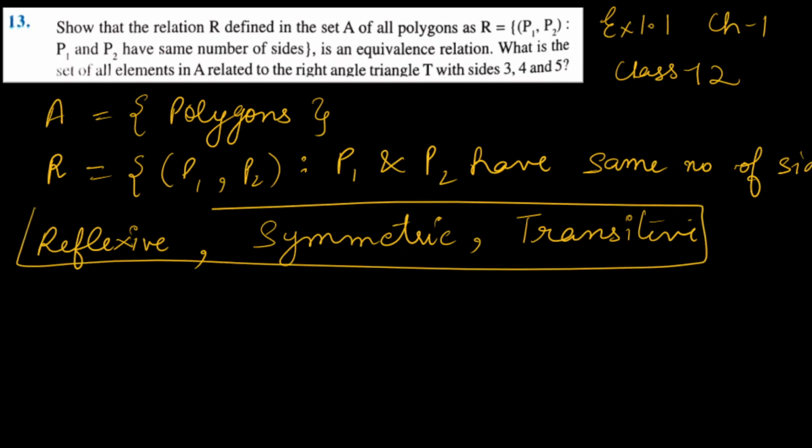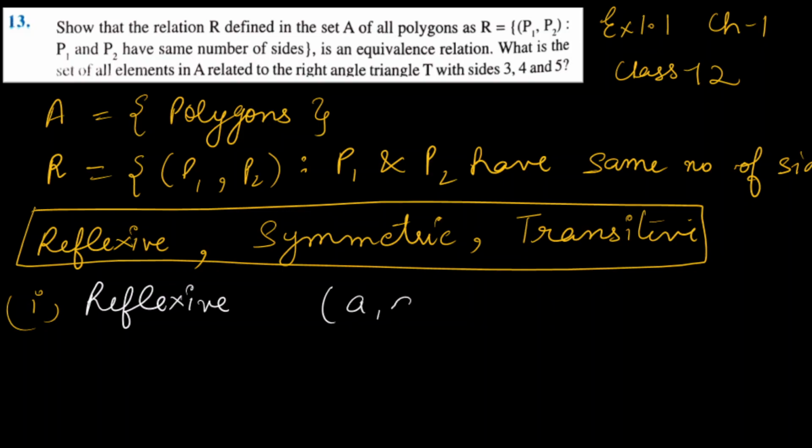So let's start with the reflexive part. Whenever we are doing proof type questions, we just have to go to the definition. Reflexive relation means that in this relation I should have ordered pairs of the type (a, a). These ordered pairs should belong to the relation, so the first and second element are the same.